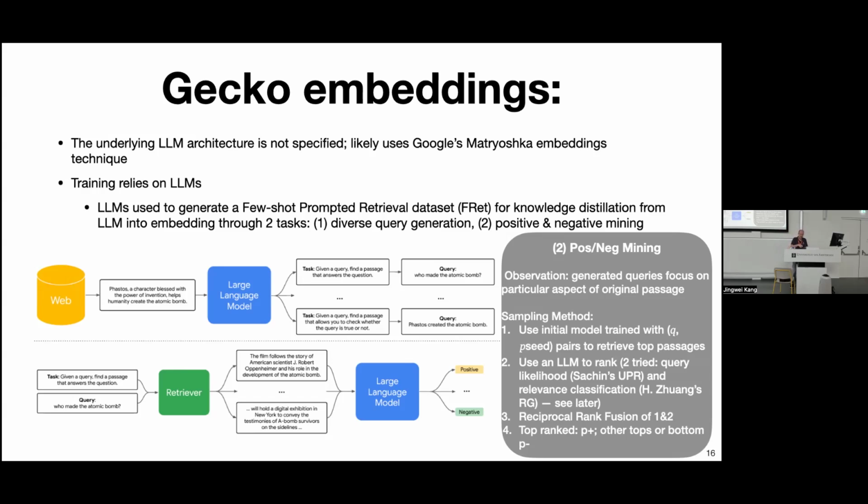Then they use an LLM to rank these passages. Then they use multiple LLMs and fuse them together, so they do an ensemble, and then they take the top ranked passages as positive and others as negative.